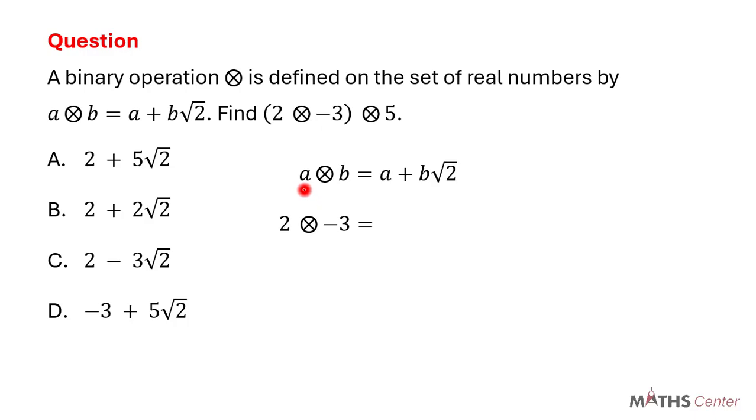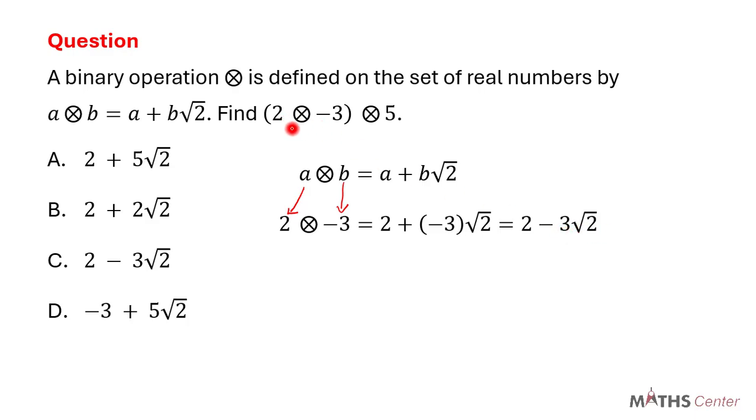By comparison, we can see that A is 2 and B is negative 3. So 2 star negative 3 will be equal to 2 plus negative 3 root 2. And this will give us 2 minus 3 root 2.